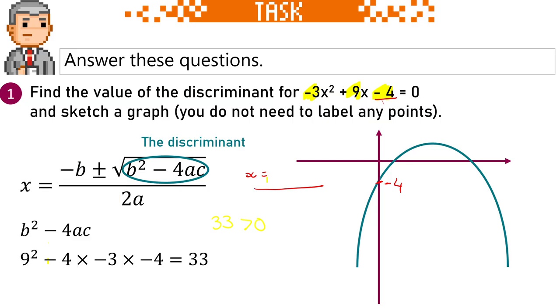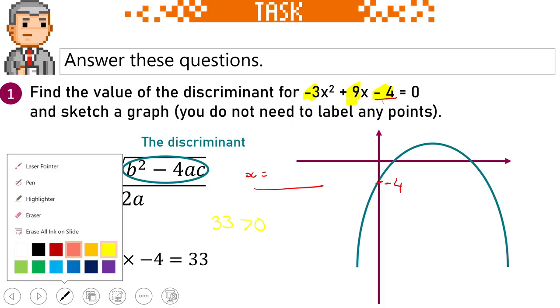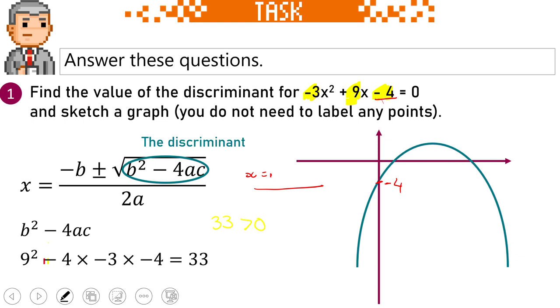So, sorry, I've got x equals negative b. B is 9. So negative 9 plus or minus the square root of, oh, I actually had it right, square root of 33 over 2a. A is negative 3, so that'll be negative 6.